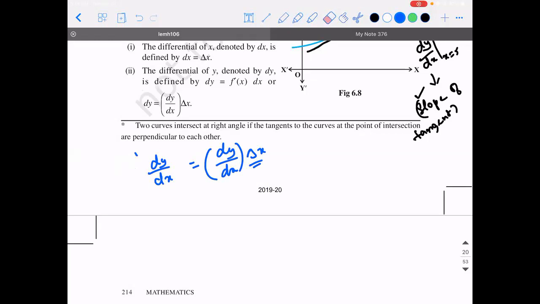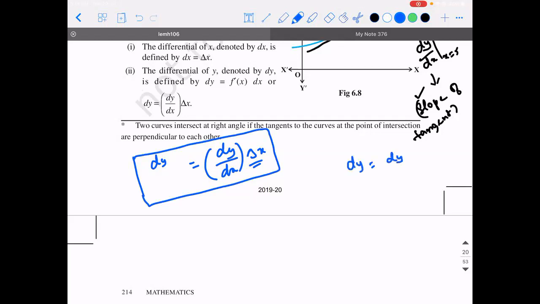So dy is equal to dy by dx into delta x. This is the approximation formula that is being used. I will tell you in a reverse way: dy is equal to dy divided by dx, compensated with delta x instead of dx. So this is the formula that we are going to use.